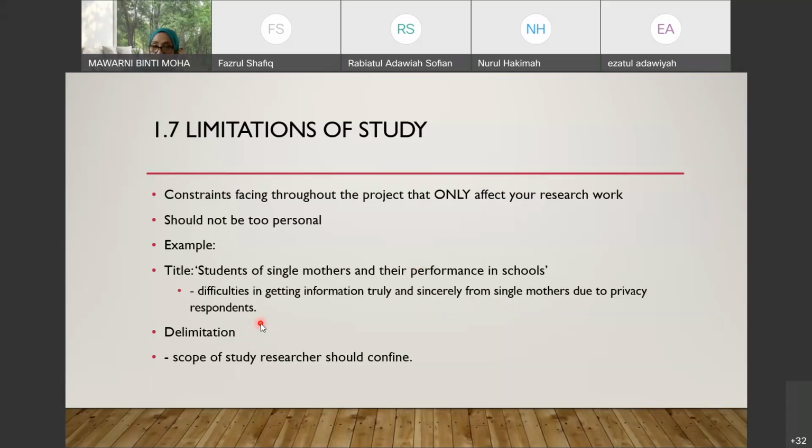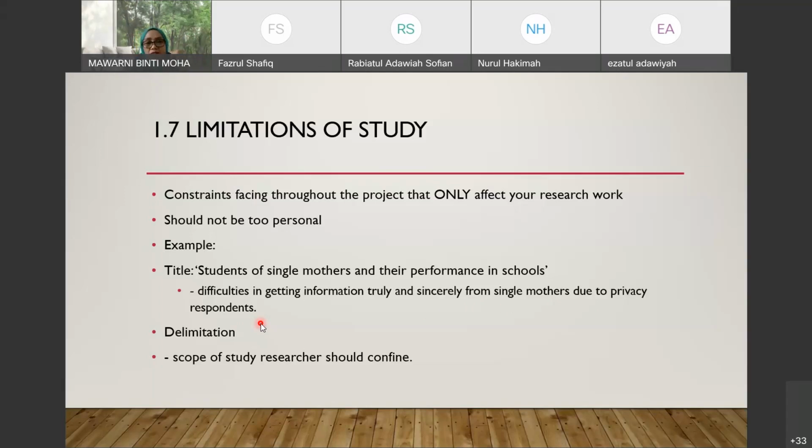So we know that you have done your best. You have gone through the steps in doing your research, and there is some limitation from the angle of your research that you have to face. So state it in the limitations of study.